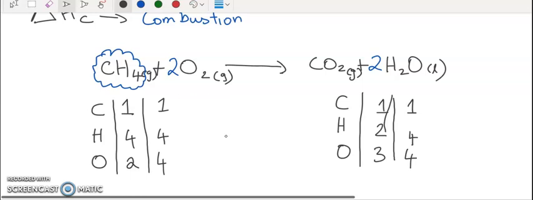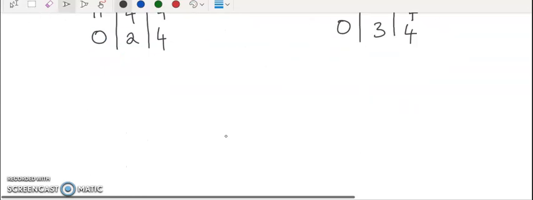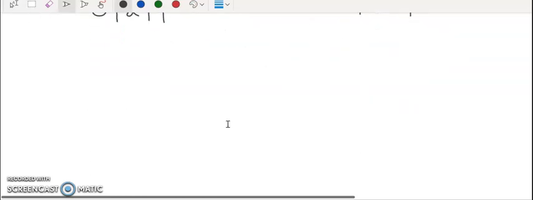Now, let's take a look at the last type of enthalpy, which is the standard enthalpy change of reaction.